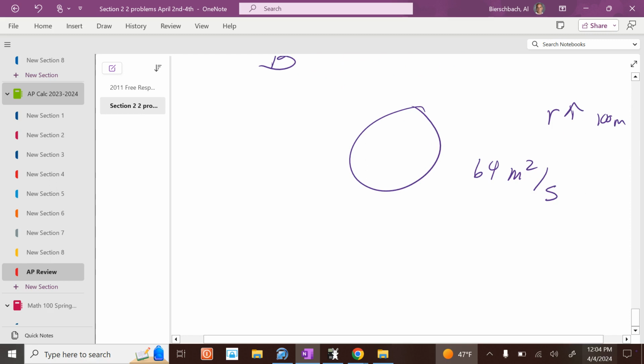Okay, so the area is increasing. So dA dt equals, the area formula of a circle is pi r squared.